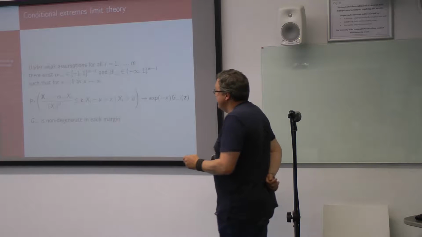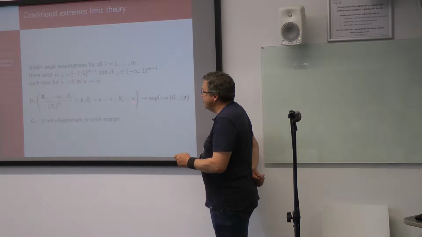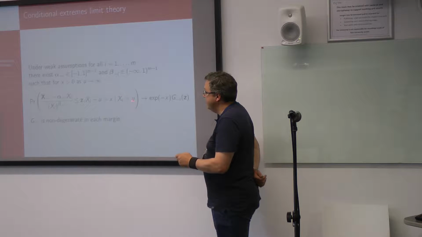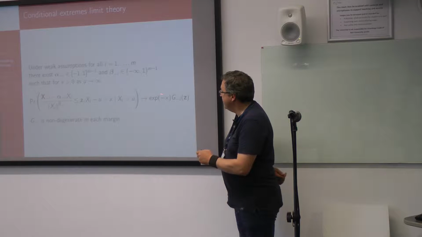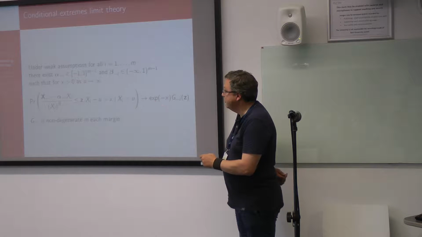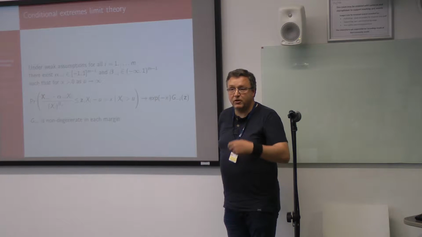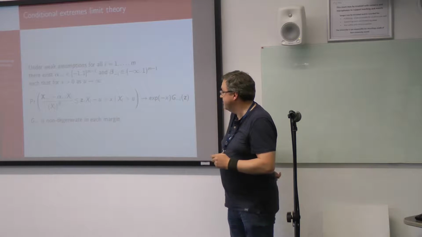What I showed in my picture before was I was going to condition on one of my variables being big. So that's what I'm doing here. I'm going to then look at the distribution of that variable given that it was big. And this probability result says that that converges to an exponential variable. That's obvious because I'm in Laplace margin, so it's an immediate consequence of that.